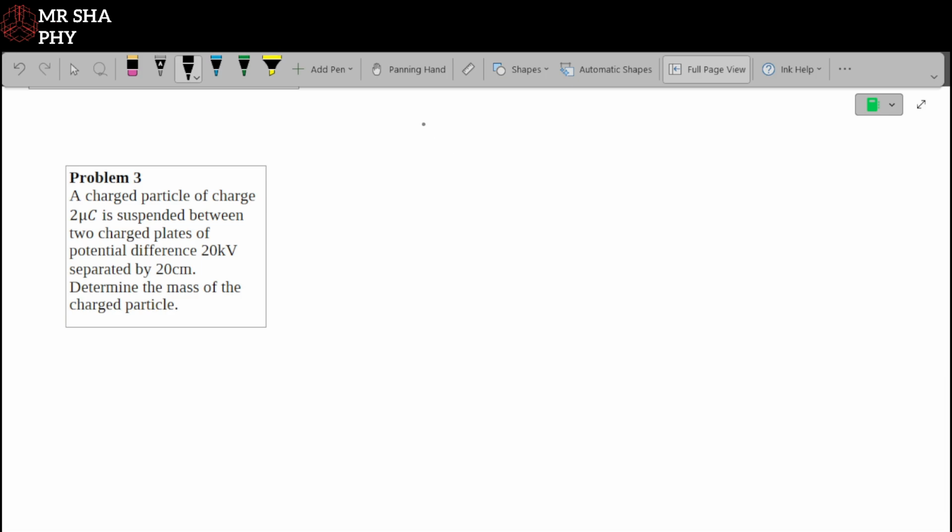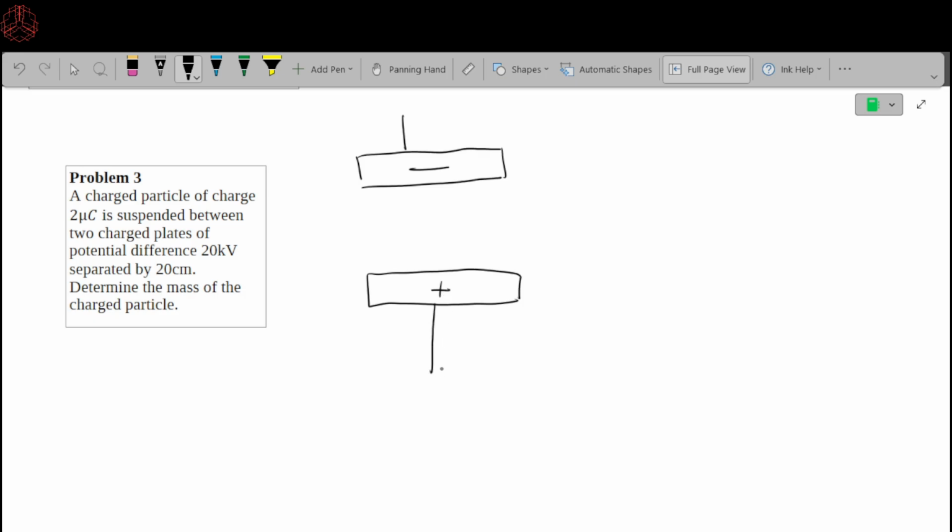Again, it's always useful to just draw it out. You're going to have a negatively charged plate at the top, and a positively charged plate at the bottom, and then you have the charged particle, and gravity moves downwards.